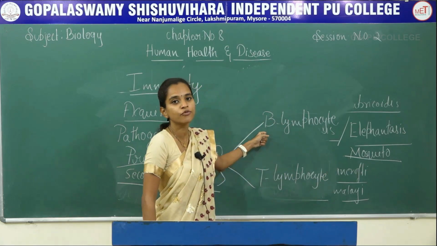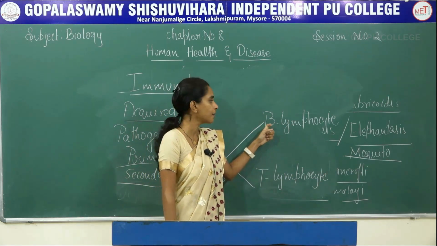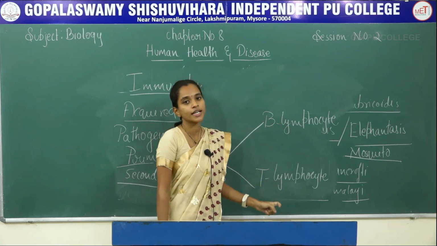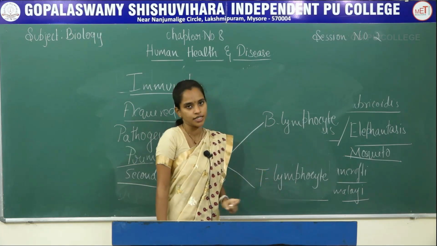B lymphocyte is released from bone marrow, that is why it is termed B lymphocyte. T lymphocytes are released from the organ thymus, that is why it is termed T lymphocyte.